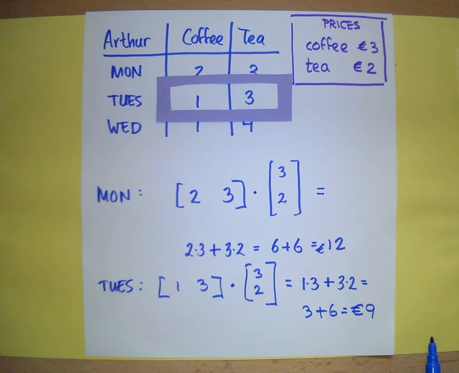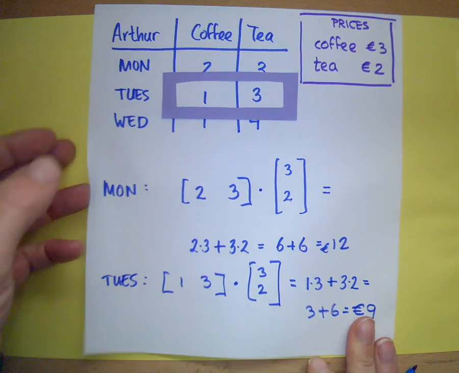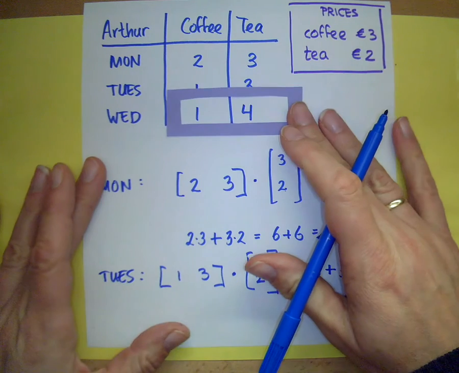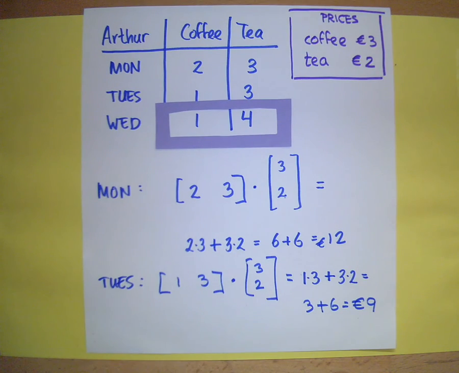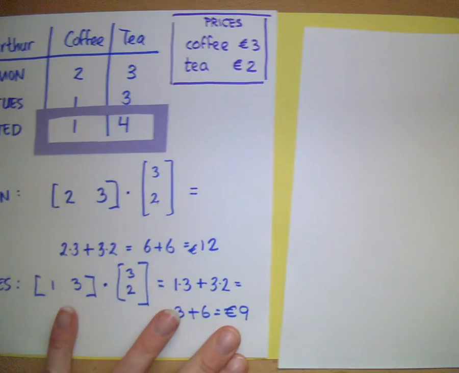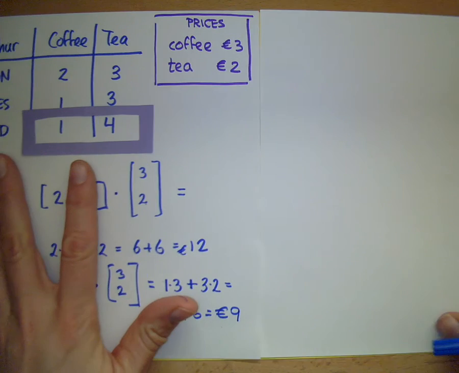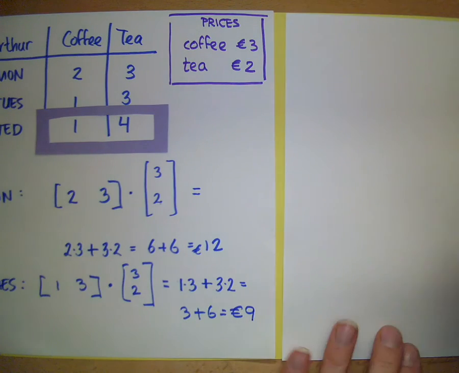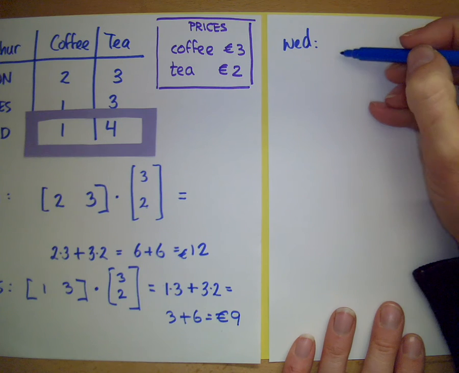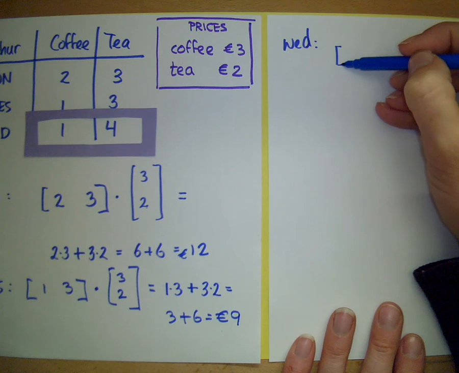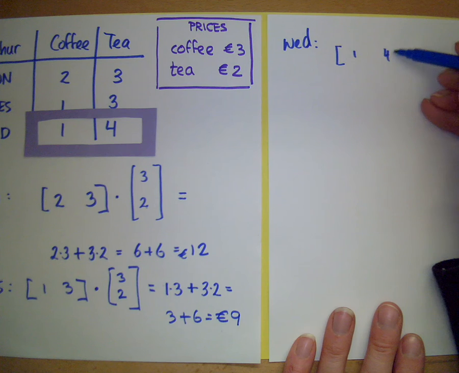Let's do Wednesday, just to be sure that you get it. He buys 1 coffee, 4 teas.